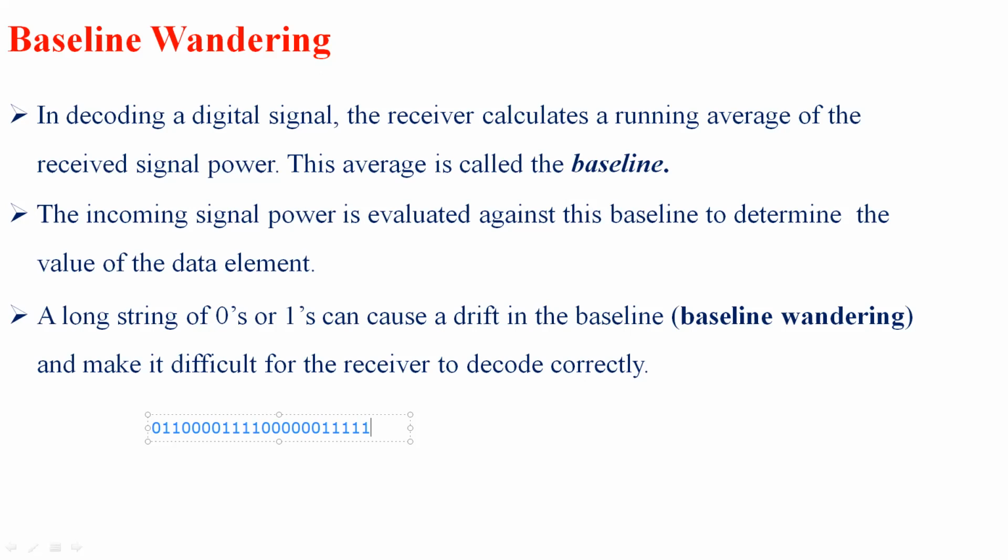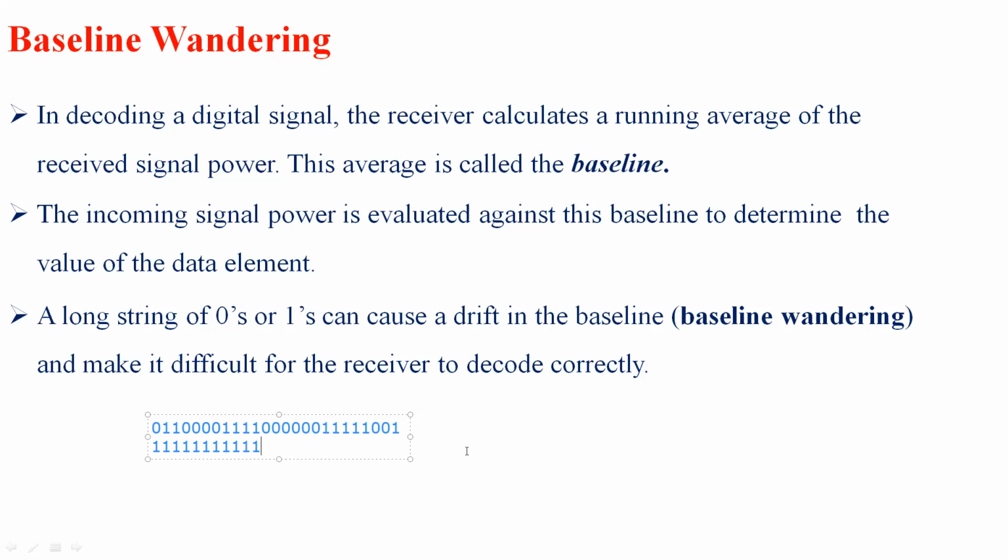Why does it cause a drift? Because these long strings of zeros and ones make it difficult for the user, right? If anything has a long string of zeros and ones, how will you memorize it? How will you get to know it? It takes a lot of time to capture it. So it may be difficult for the receiver to decode correctly.